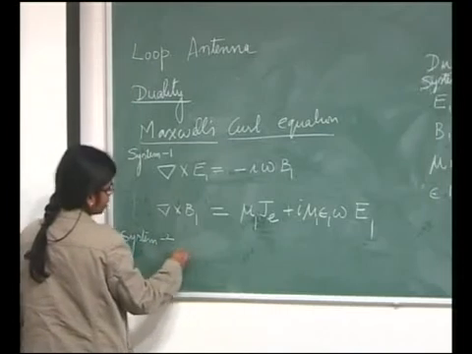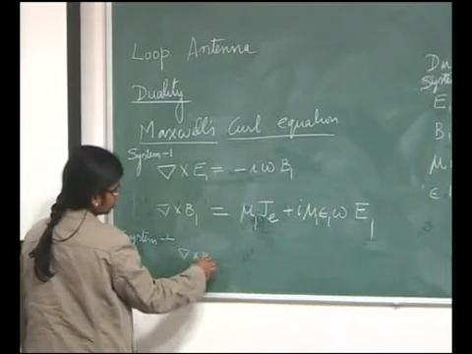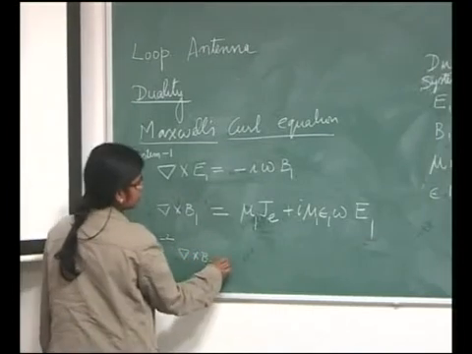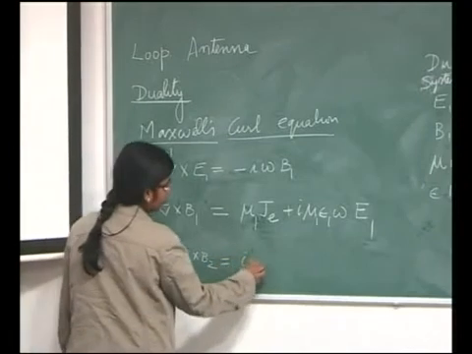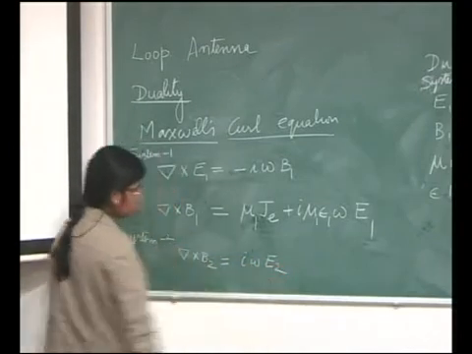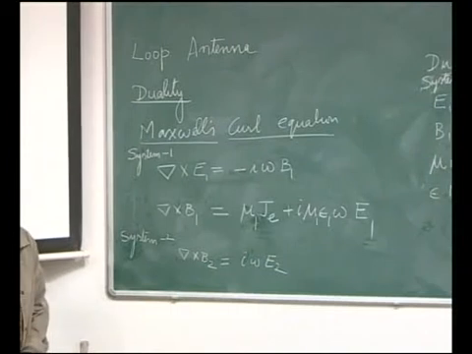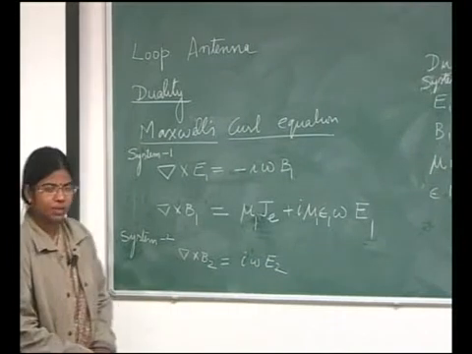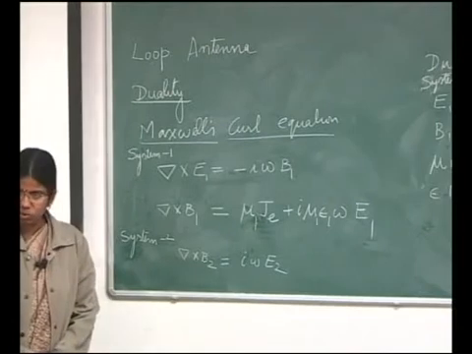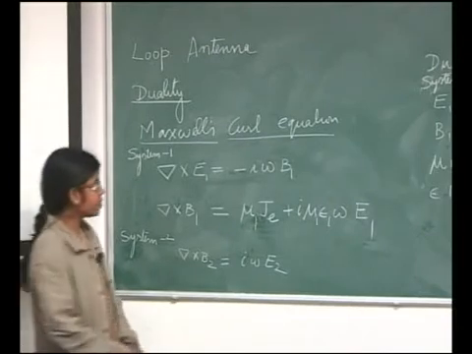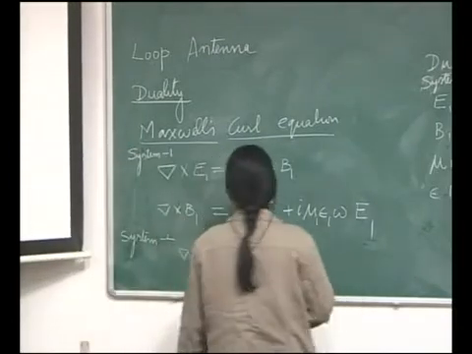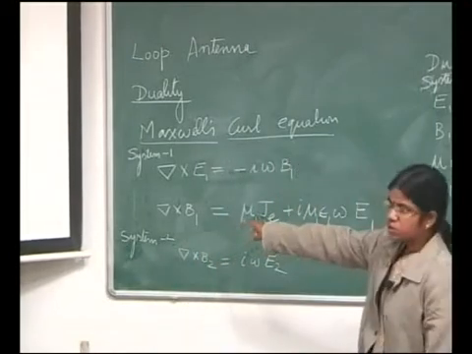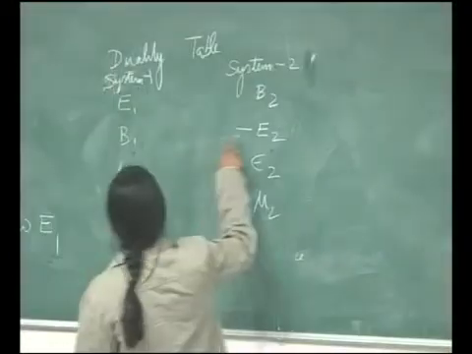They will be del cross B2 is equal to i omega E2. Is it okay? Because B1 will become minus E2, right? And then here I will have del cross B1. So B1 will become minus E2.